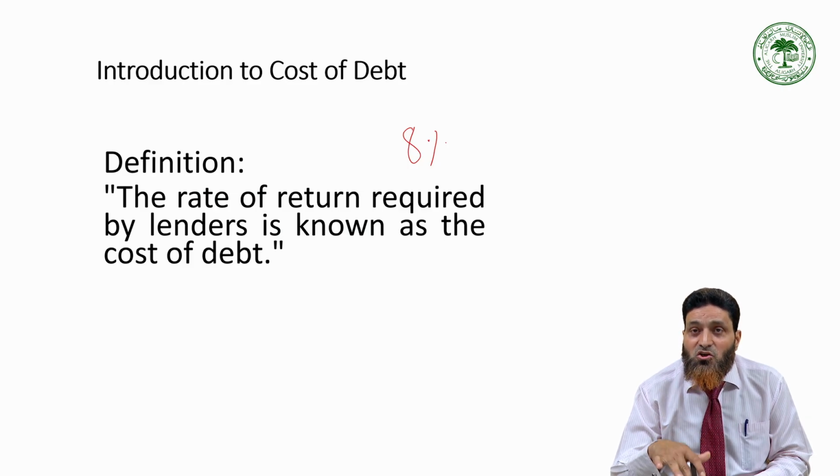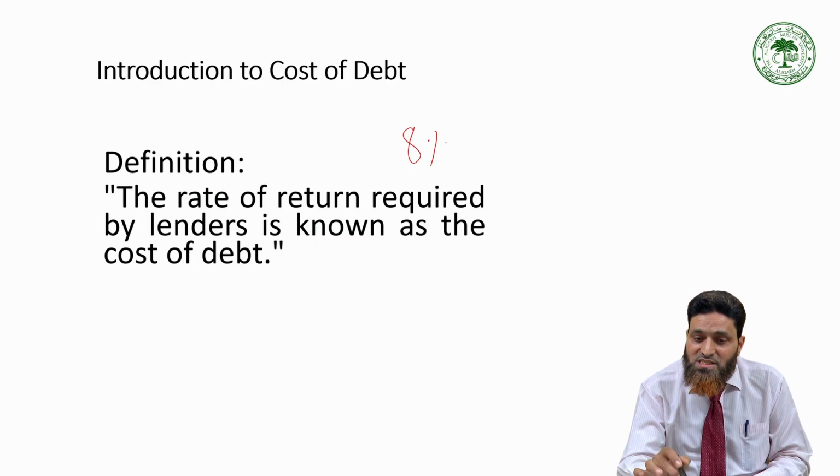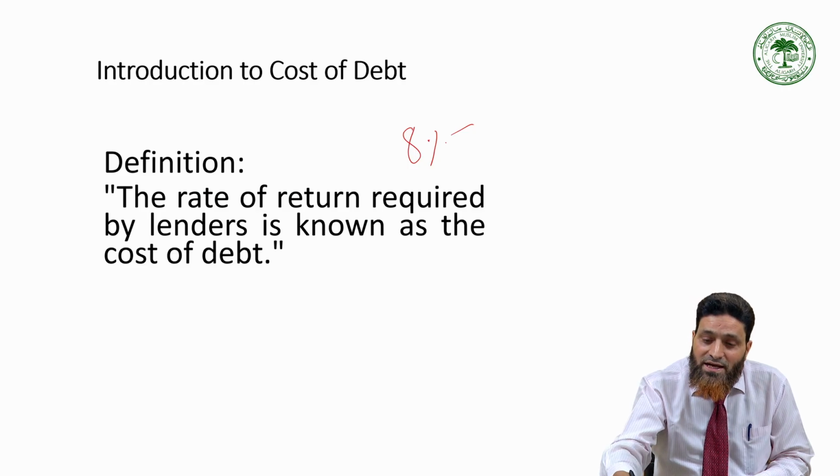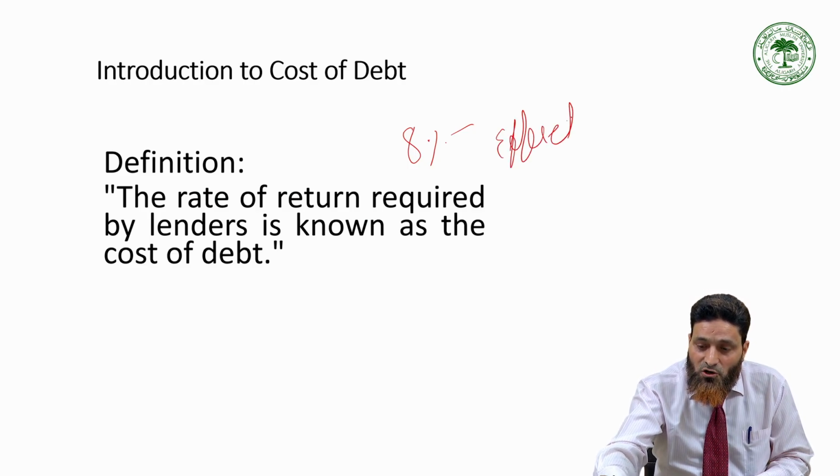But as far as cost of borrowed fund is concerned, though it was given at an 8% rate of interest, the exact cost to the company will not be 8%. The cost to the company will be something else, and that cost will be called the effective rate, or effective cost.